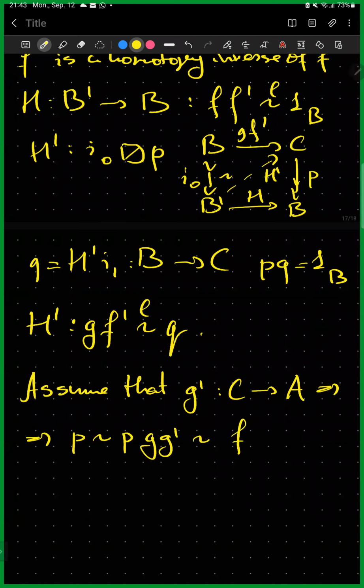And this is in turn homotopic to FG prime because PG is homotopic to F. Well, sorry, G is just equal to F, and hence homotopic.